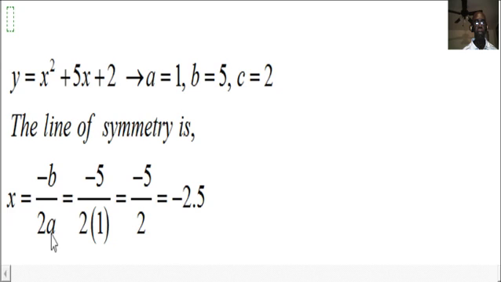Substituting these values into the formula gives -5 divided by 2 times 1. Then we have -5 divided by 2. Therefore, the equation for the line of symmetry is x equals -2.5, and the x-coordinate for the vertex is -2.5. Let us look at this on the graph.